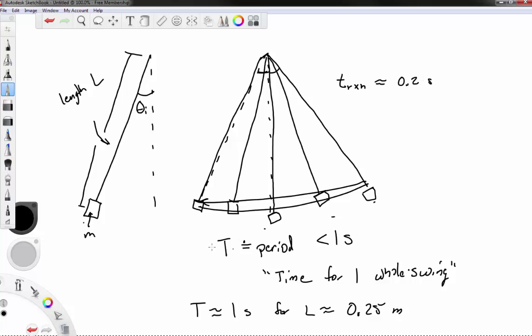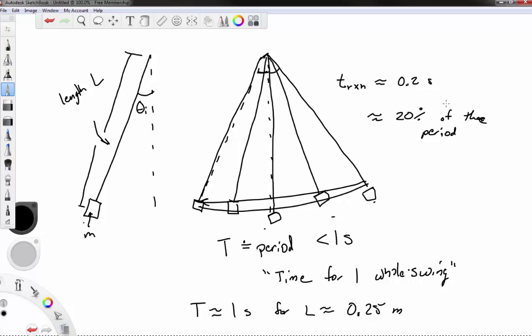If that's the case, you'll notice that this reaction time is a substantial fraction of this period. In fact, it is approximately 20% of the period. And again, you're actually both starting and stopping the stopwatch with some relationship to when you've released this pendulum and when it swings back.